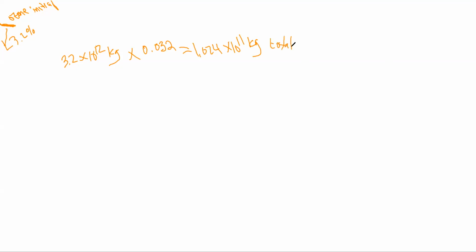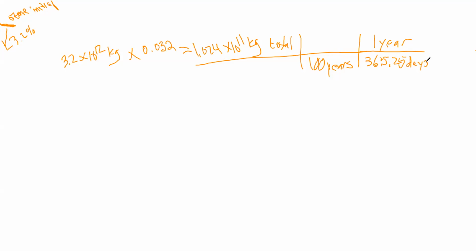Now we're going to break that down. We know that we have 100 years to do it. We know that 1 year is 365.25 days. Eventually those leap years will add up for us. So we divide that by 100, divide that by 365.25.